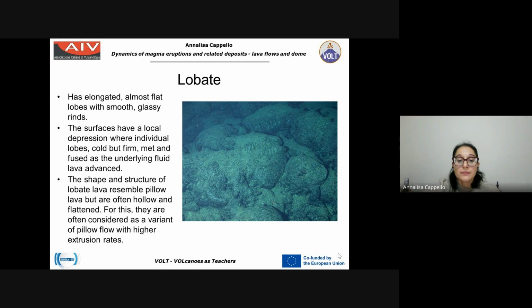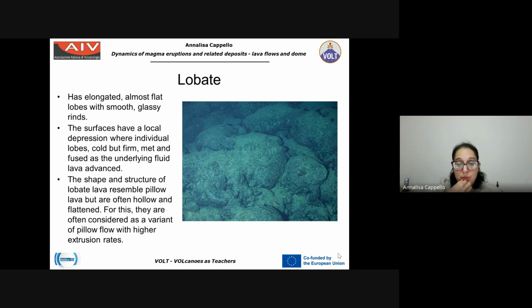Lobate lava has these elongated flat lobes with smooth glassy rinds. The surface has these local depressions with the individual lobes, which are cold but firm.